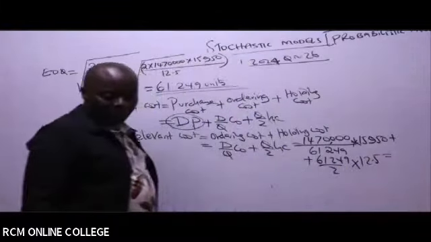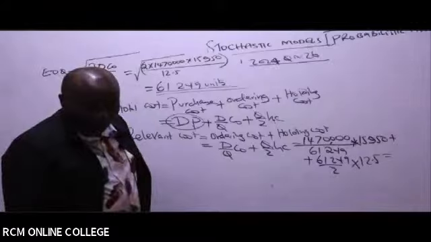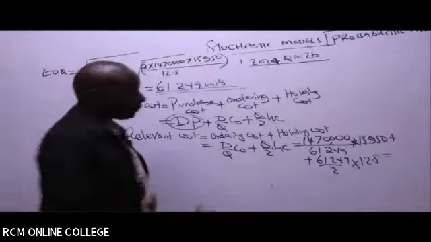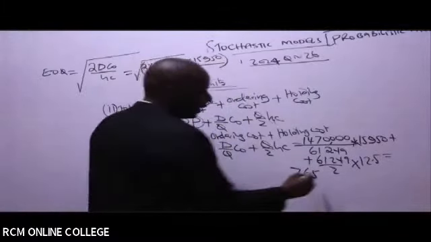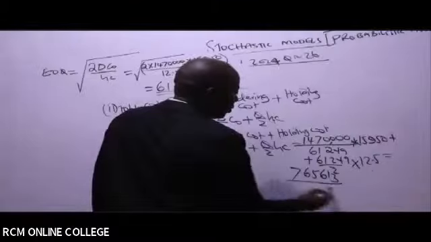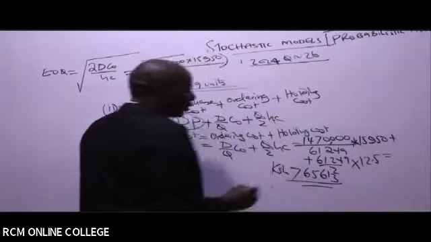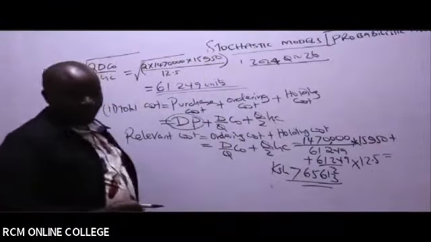At the end of the day, the calculator is giving me Kenya shillings 765,613. All of us are able to get this figure.